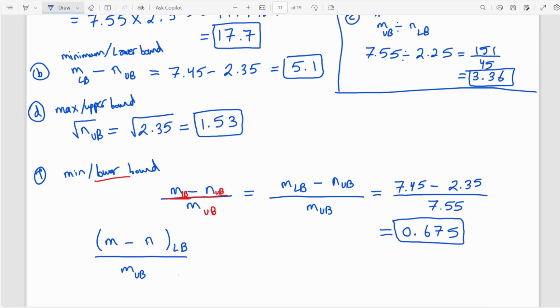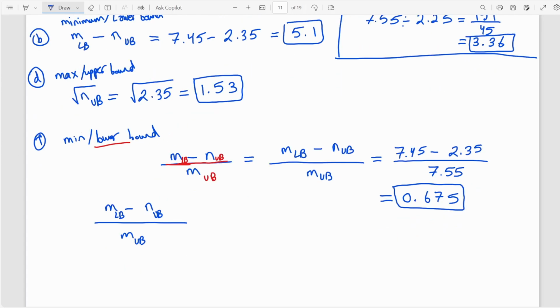So in order to achieve the lower bound for a subtraction, you would want the lower bound for the first one and the upper bound for the second one. And that's it. This is how you found out what value each variable should take. So m should take a lower bound, n upper bound, and m down here upper bound. Okay? Hopefully this is clear. Okay, moving on to the next example.